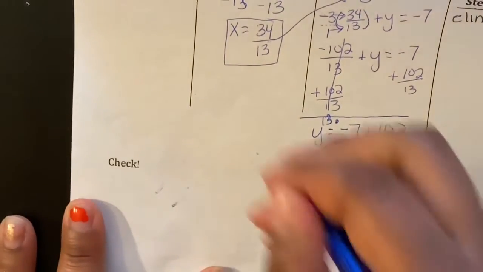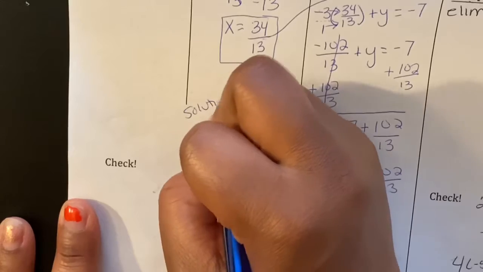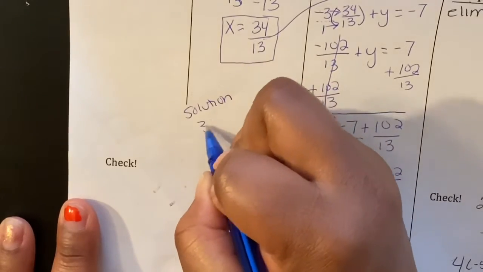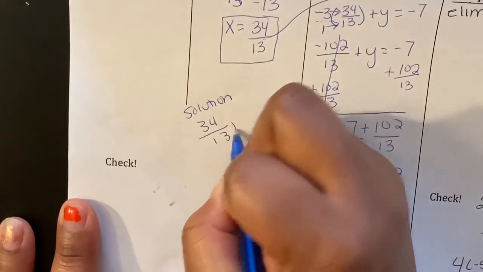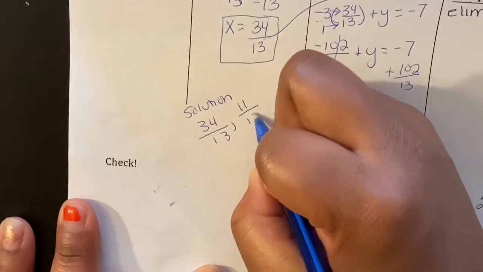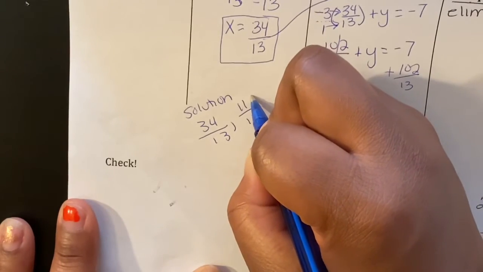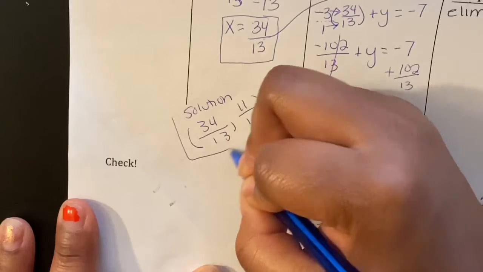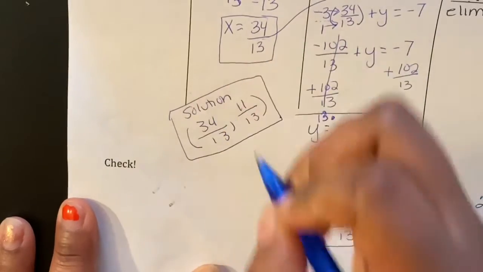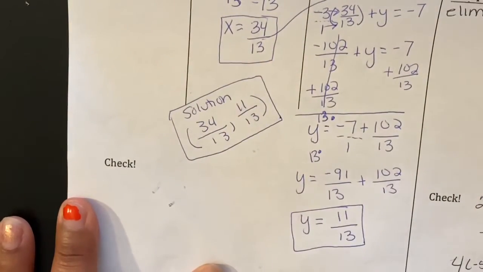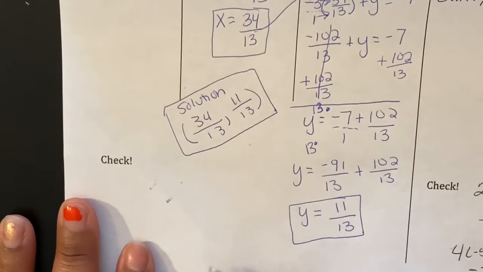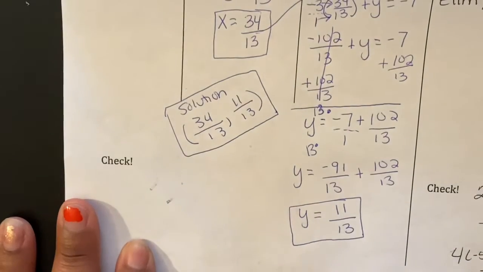So my solution is 34 over 13, 11 over 13. That's my solution. For the sake of time and also complexity, I'm not going to check it, but I just wanted to show you guys what this problem looks like correctly completed or solved.